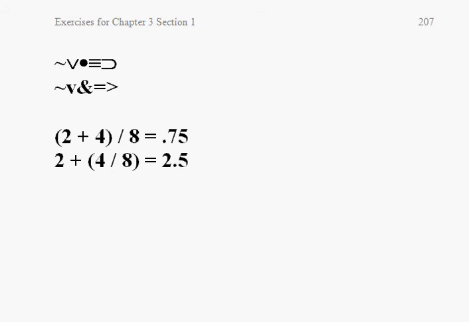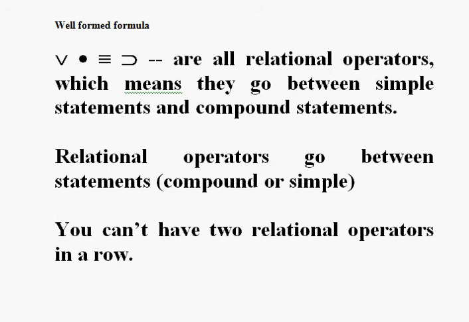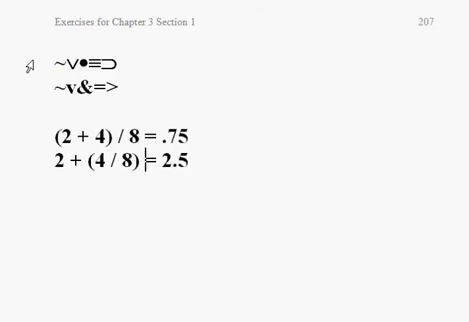These symbols are essentially showing the relationship. Actually, what we know is that wedge, dot, triple bar, and horseshoe all show relations, which means they go between statements and compound statements, just like mathematical symbols. They go between individual things or between things in parentheses.